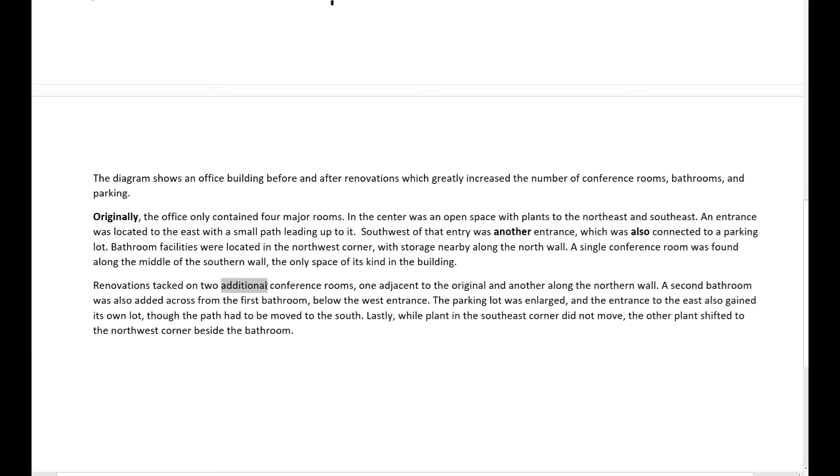Again, we see that in the next paragraph as well, with additional. The comma being followed by this, so this is giving information that's referring back to those conference rooms. Okay, and that's perfectly fine to do that. Again, was also added.